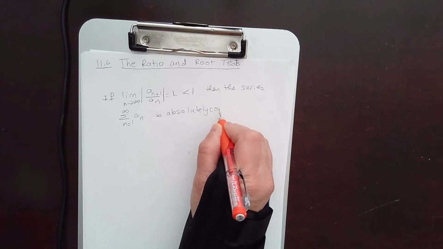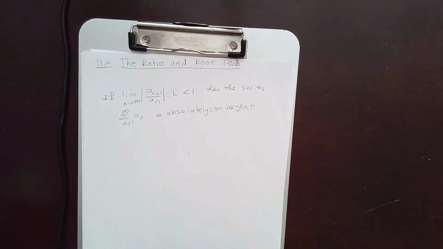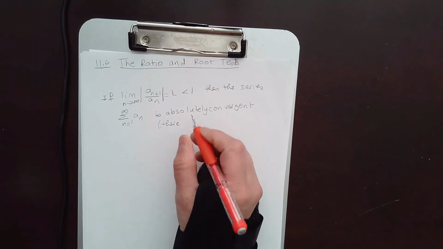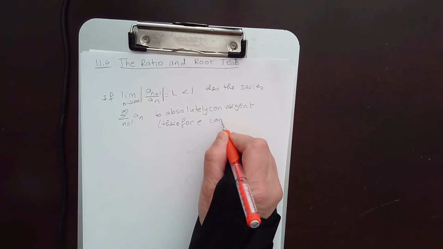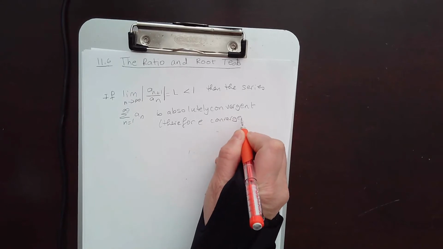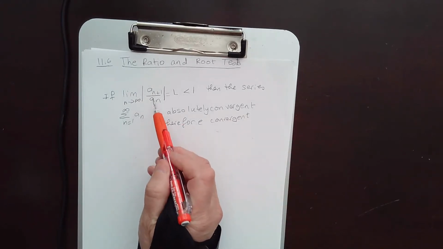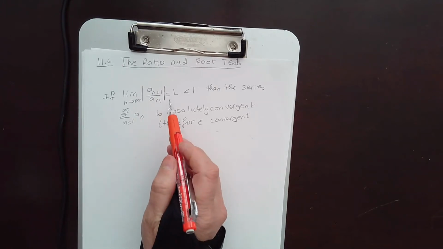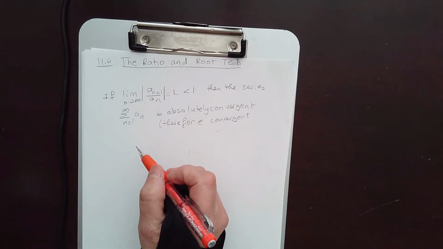We've seen that in the previous section. Absolutely convergent, which means it's therefore convergent. So if the limit as n approaches infinity of the ratio a_(n+1) over a_n gives us L, a number less than 1, then it's absolutely convergent and convergent.